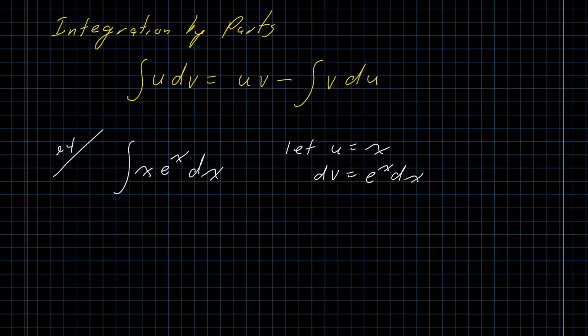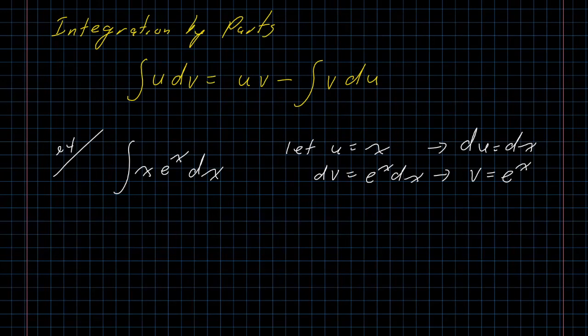And here's where this was a useful choice. The derivative of x is just dx. And with our integral here, the integral of e to the x is just e to the x. It doesn't get any more complicated.